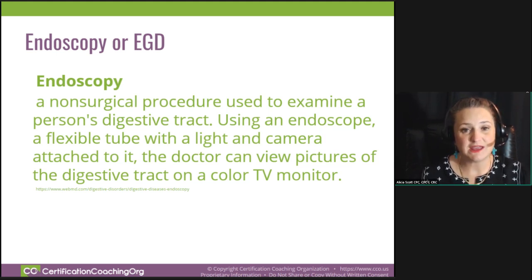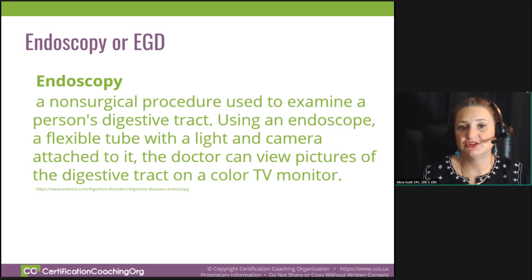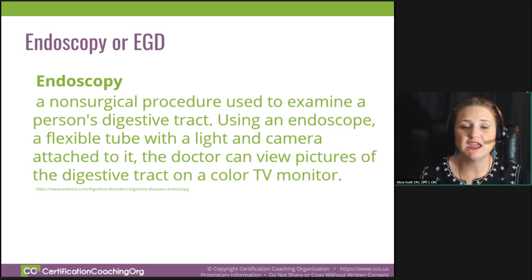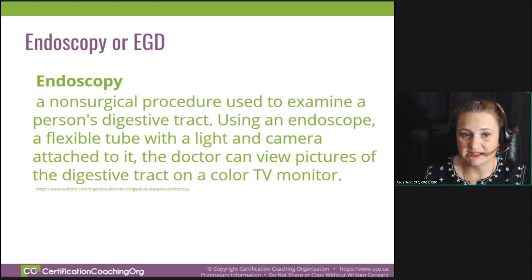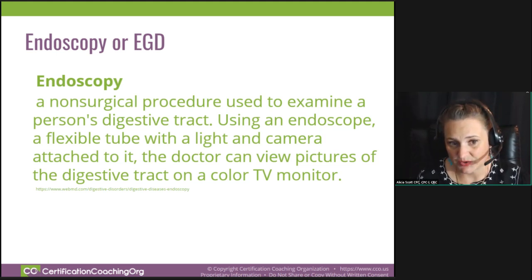There are several reasons why they would do an endoscopy, but that is the name of the procedure itself. They're just going to go in and look at the digestive tract, okay? And your digestive tract is very, very long. They can do an upper GI and they can do a lower GI. Endoscopy, again, is going in and looking visually with an instrument, which is called an endoscope.